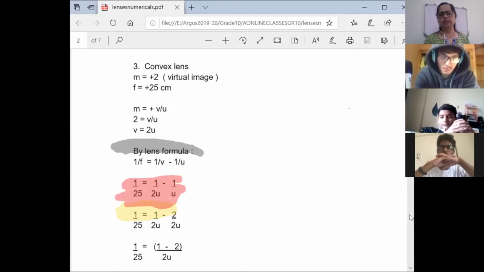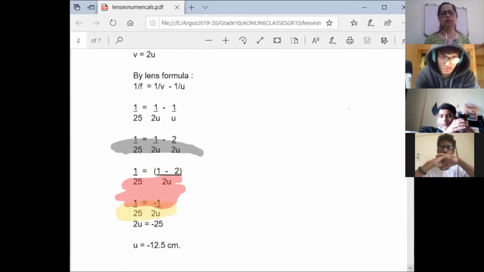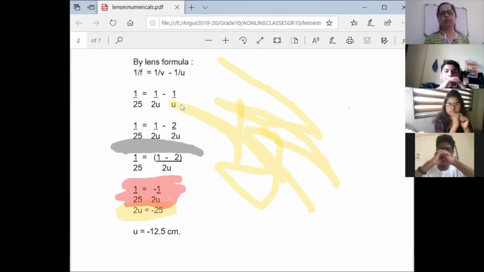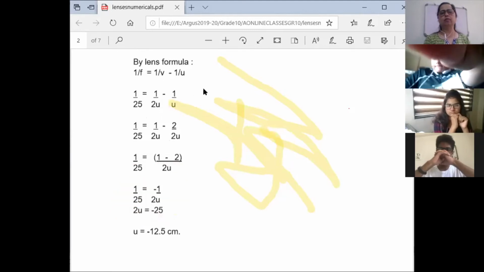In this lens formula, f is 25, and I have got the relation v is 2u. So instead of v, I will write 2u, and instead of u, I just write u. So now I have got the equation in terms of 2u.